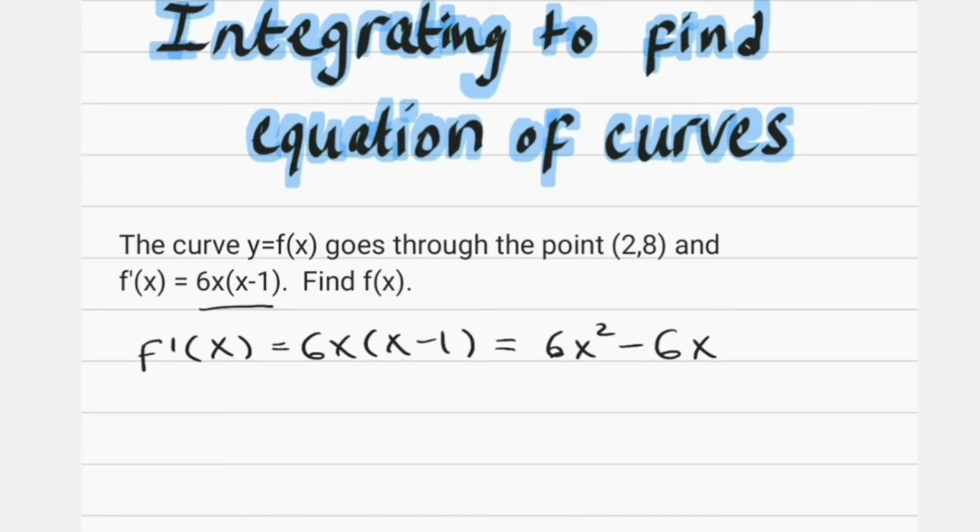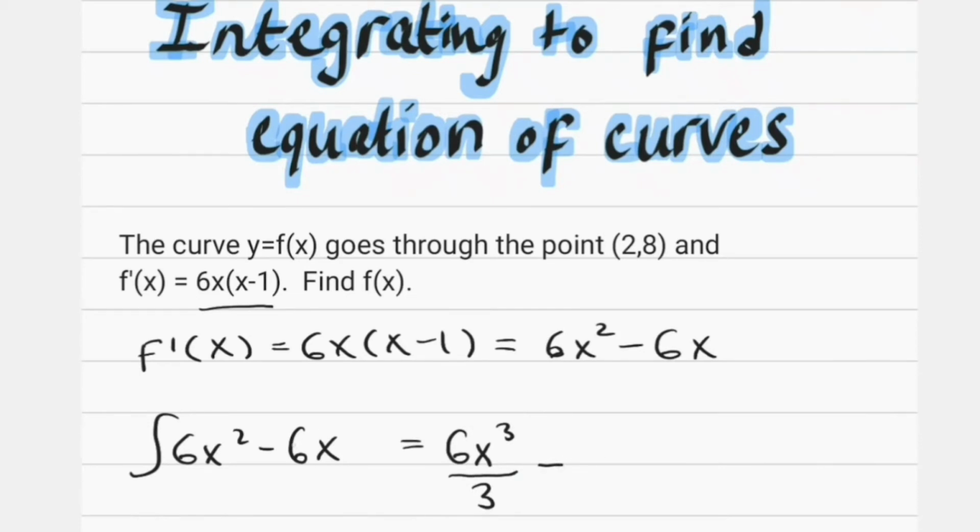Second thing we need to do is integrate that function. So we do 6x squared take away 6x. So we know that we need to add 1 to the power, so that's going to become 6x to the power of 3, and then we also divide by the power, so it's going to be divided by 3.